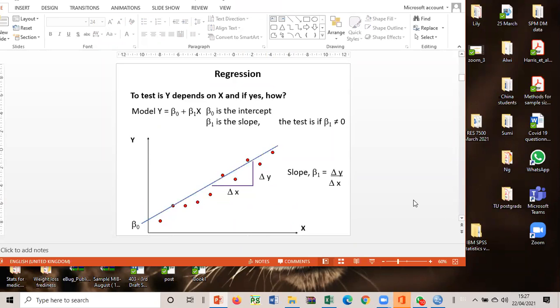Next, we went to regression. In regression, we wanted to fit a line, the line that best represents the dots. So what's the method called?